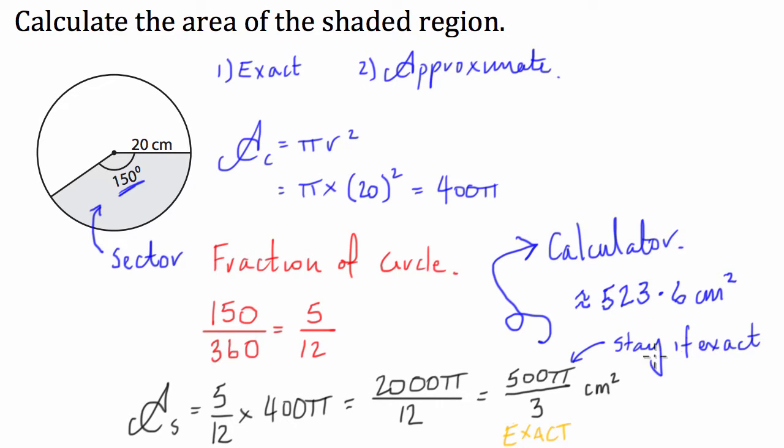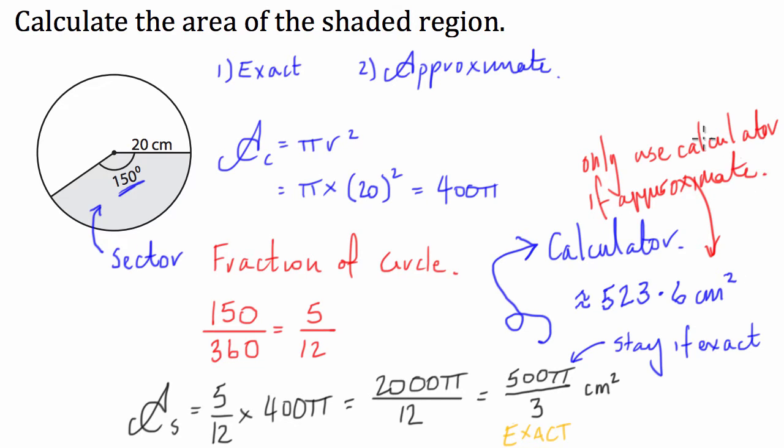If it's not exact, you're only going to use a calculator if it's approximate, because a scientific calculator will not give you the solution in terms of pi. A graphics calculator will, but a scientific calculator, which you will probably be using to calculate the area of this shaded region, will not give you the answer in terms of pi.